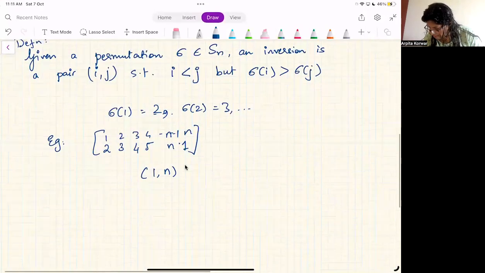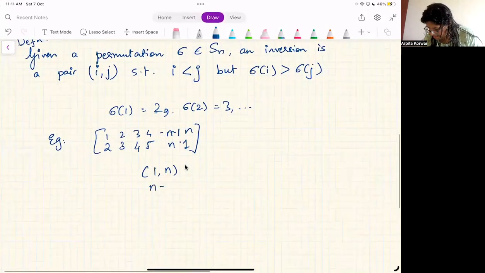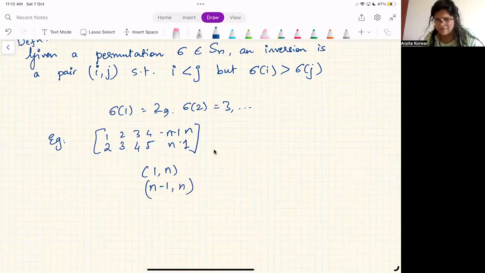What about n minus 1 and n? n minus 1 is less than n, but sigma n minus 1 is n, which is greater than sigma n, which is 1. What about 2 and n?